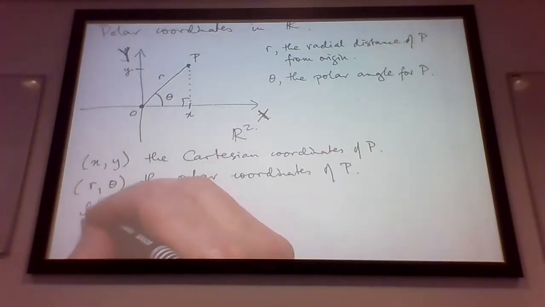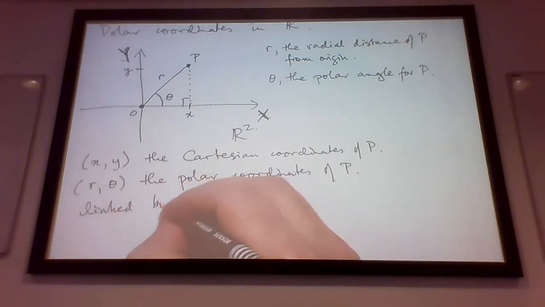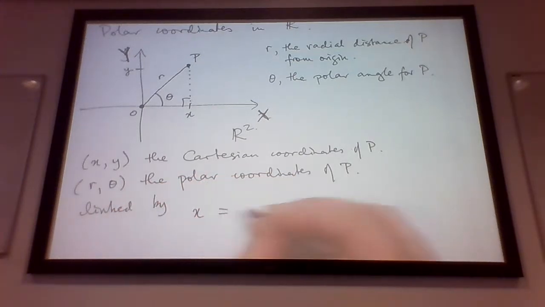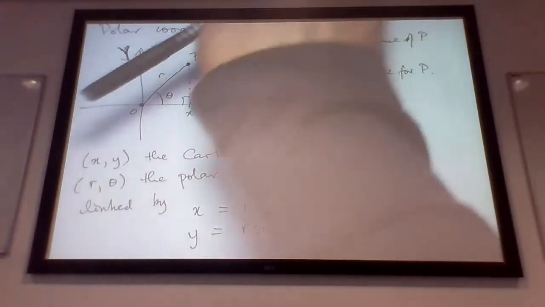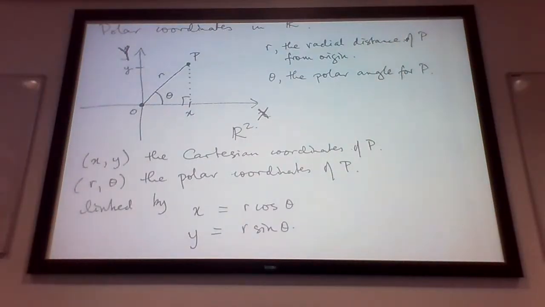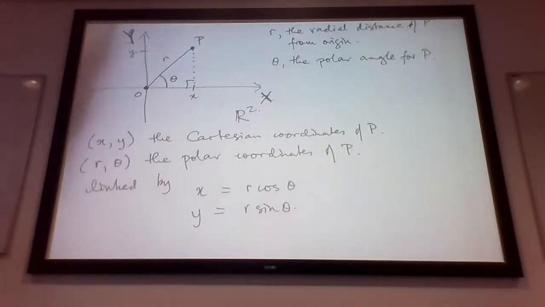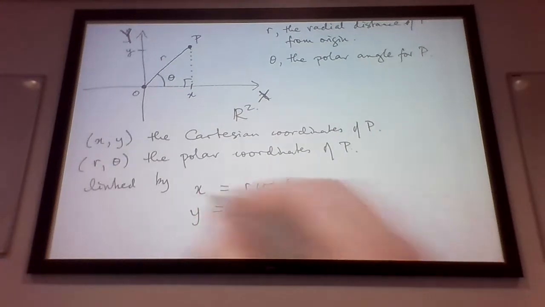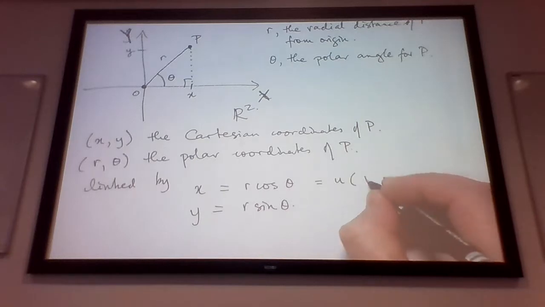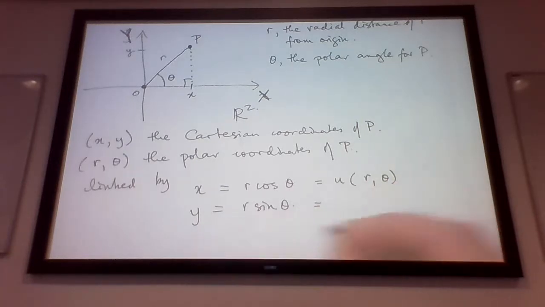So these things are linked by the functions x equals r cosine theta and y equals r sine theta. To some degree, you'll be familiar with these already. So this could be x as a function u of r and theta, and this could be y as a function v of r and theta.